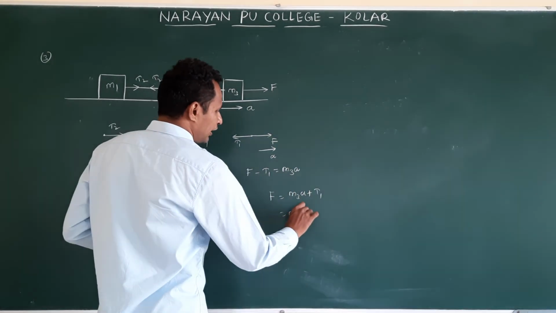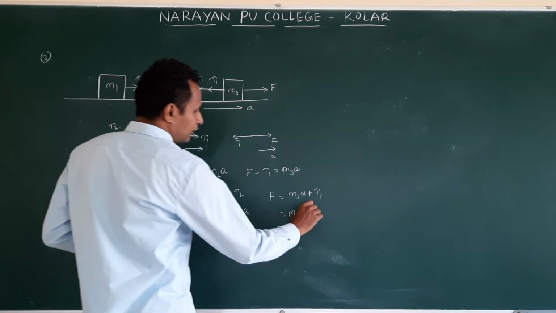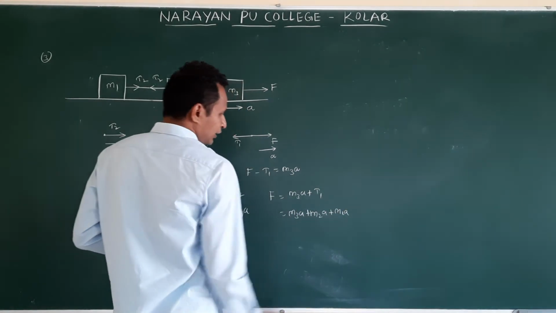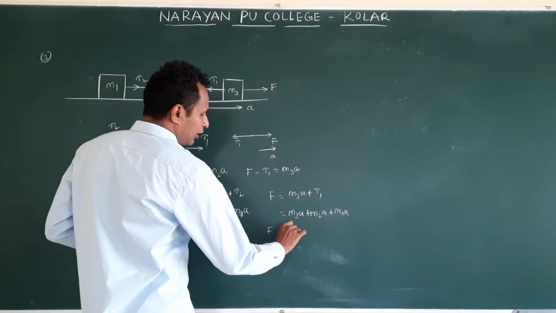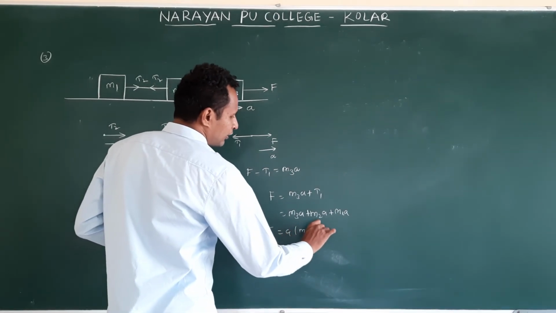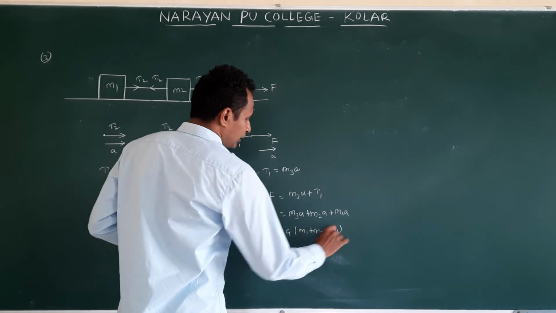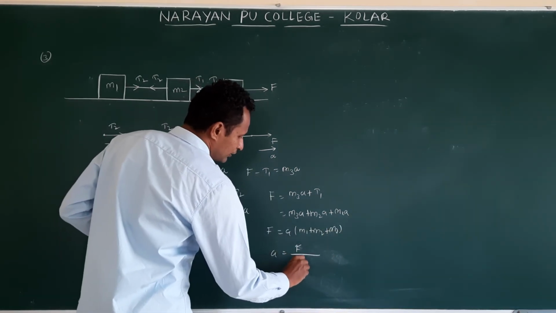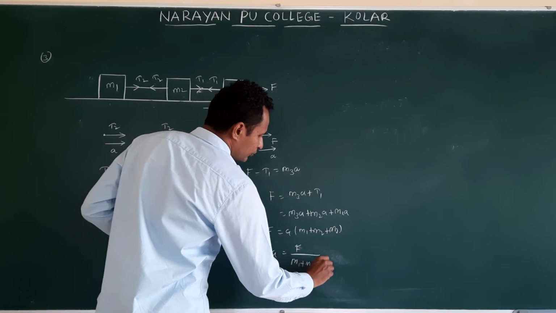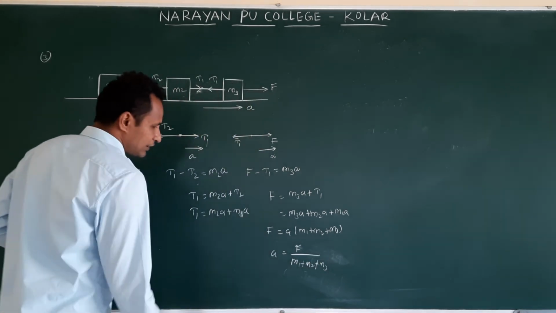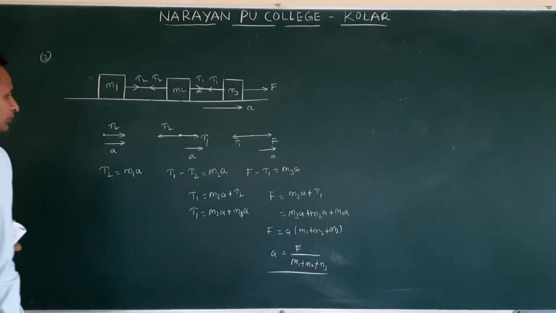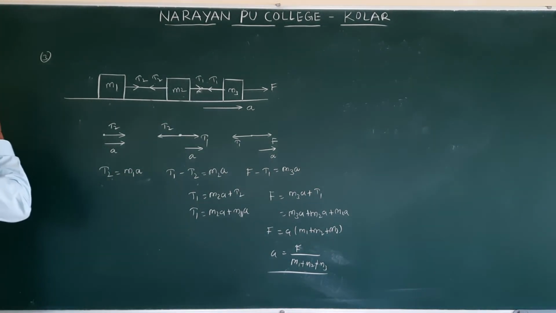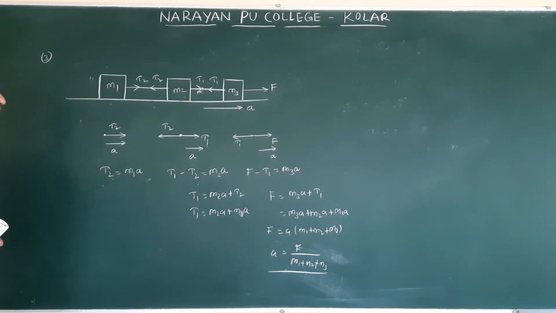So M3A, and what is T1? M2A plus M1A. Okay, F is equal to A common, M1 plus M2 plus M3. Then A is equal to F by M1 plus M2 plus M3. So this is the formula for A. Once we get A, we get the tensions T1 and T2.